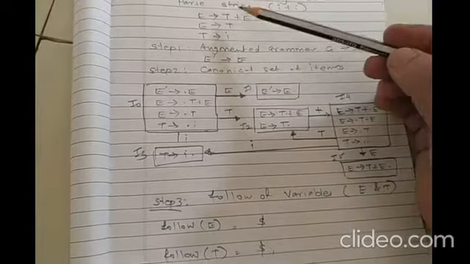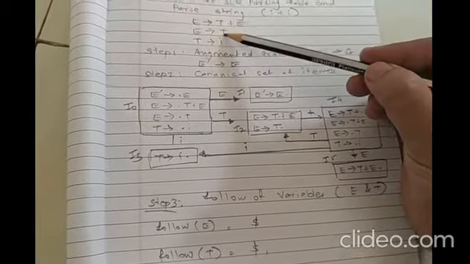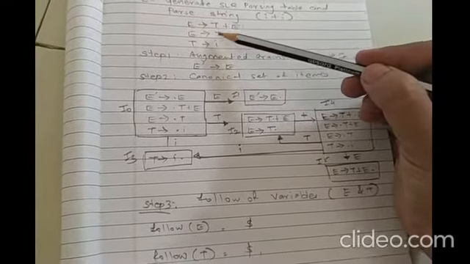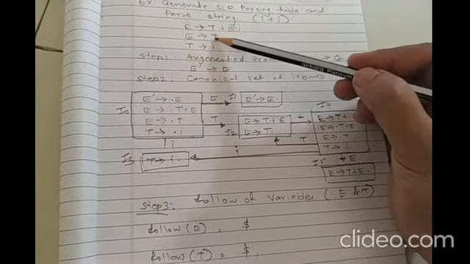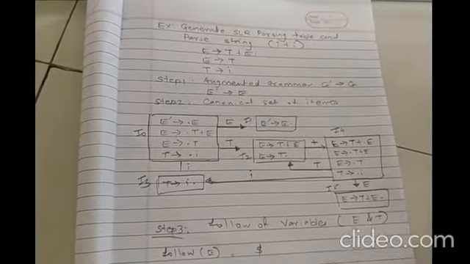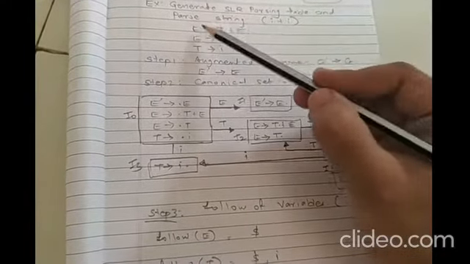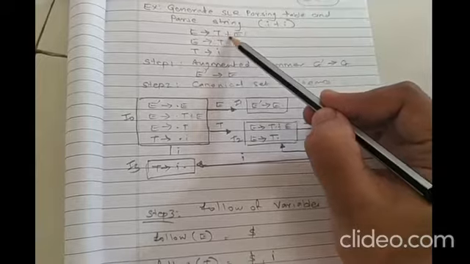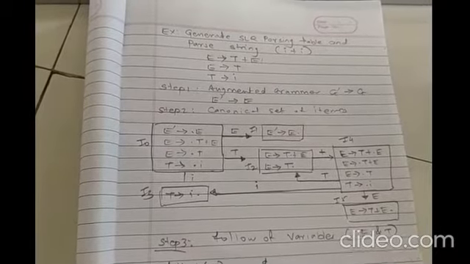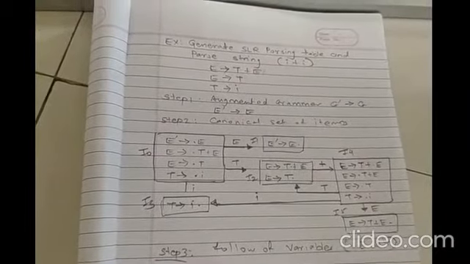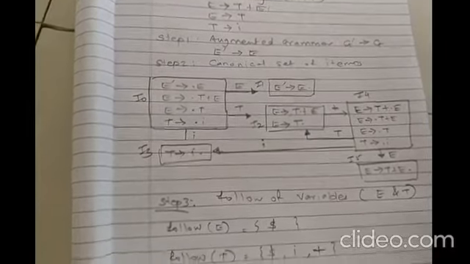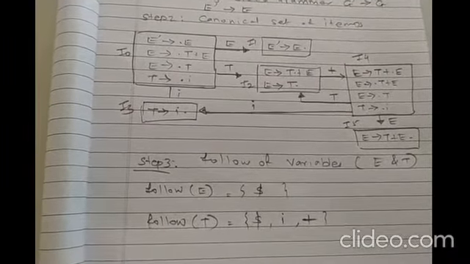Again, follow of T is nothing but first of T, since T is the last symbol, so it can be I. And lastly here in the E production, the follow of T is nothing but plus, so plus could be the follow of T. So in this way we have obtained the symbols for follow of a variable. So follow of E and follow of T is like this.